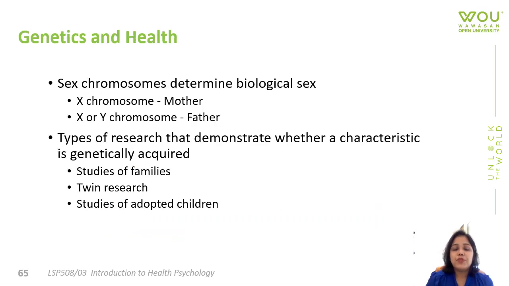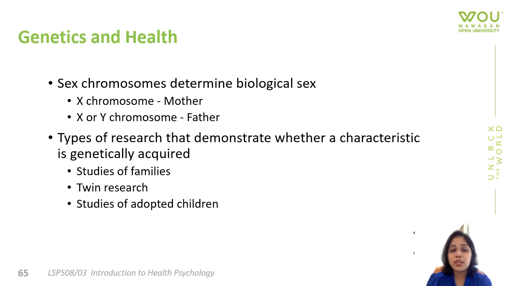So genetics and health plays a very important role. As mentioned earlier, the biological part plays a very important role when we want to look into understanding why certain health conditions develop. So sex hormones determine biological sex, X chromosome by the mother, Y by the father.